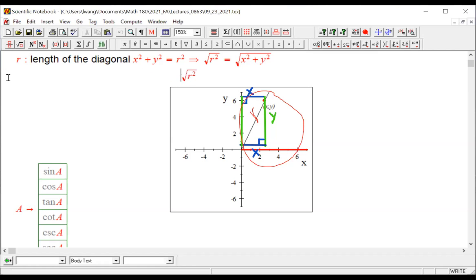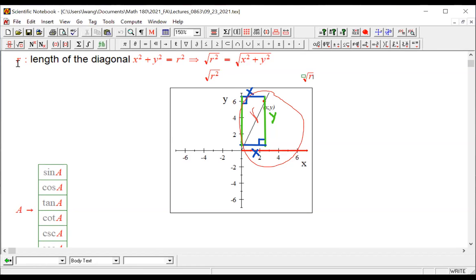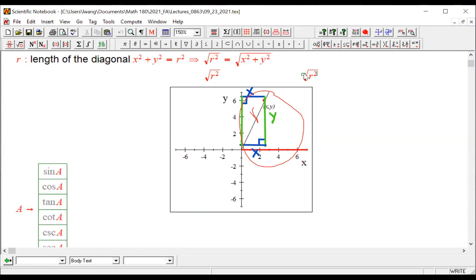I see that. Does everybody agree with it? Are you telling me the square root of r squared is equal to r? Does that look familiar to us? It is wrong. What should it be?